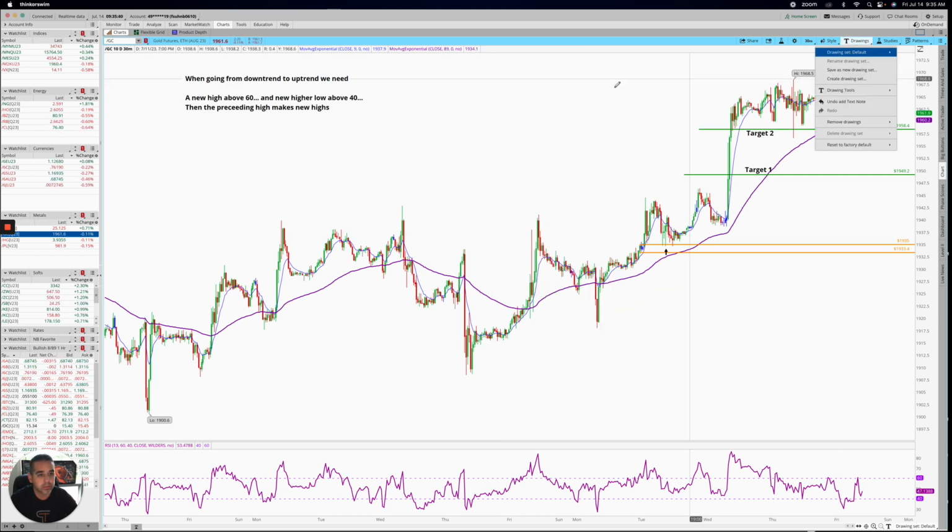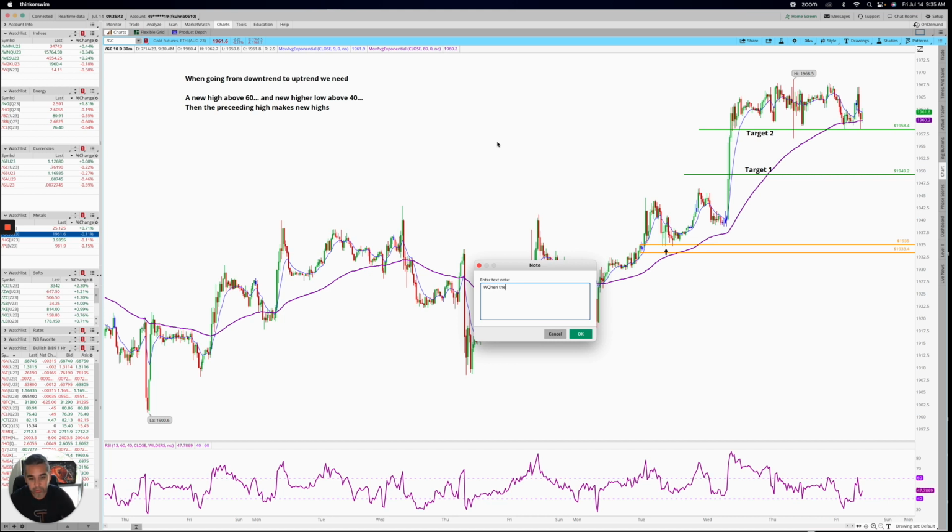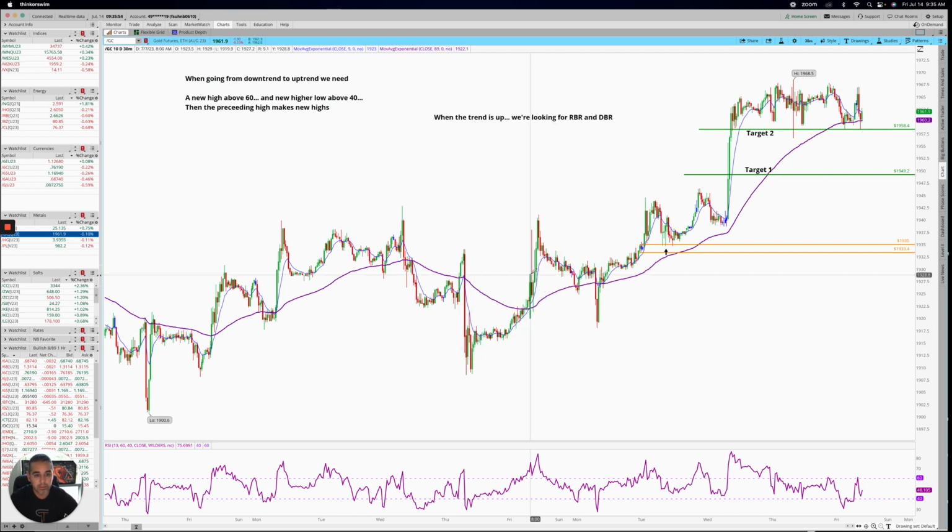When the trend is up, we're looking for rally-based rallies and drop-based rallies. So we see a rally-based rally right here. When we reapproach the level, we're above 40. We get the amen to take our position.